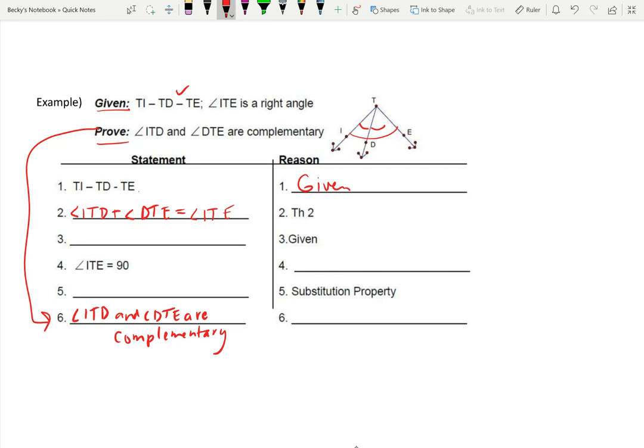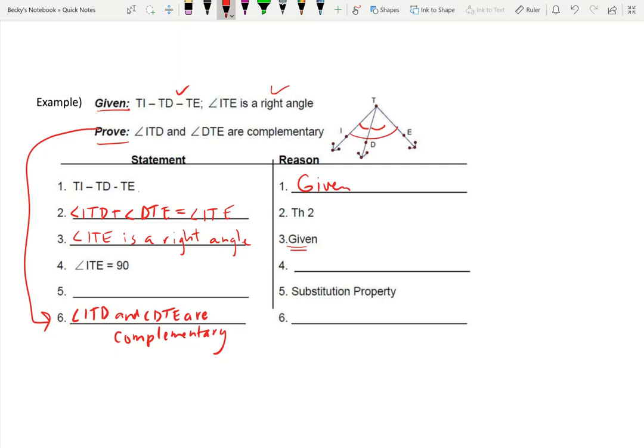Now, hint that you're going to write a given statement. We only have one left, so this is angle ITE is a right angle. Okay, so I talked about that. Let's check. Now, if it's a right angle, how do I know it's 90 degrees? I mean, some things you just can't assume.